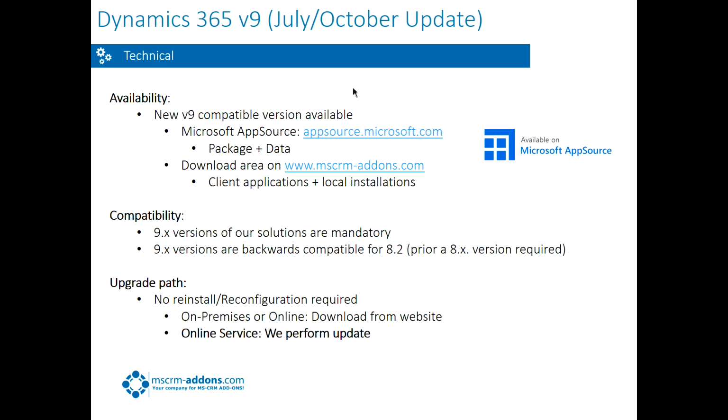One of the things we always suggest is, if you know that your version 9 upgrade is coming soon, you can go ahead and request a new version 9 license from us and install the version 9 versions of the products themselves.